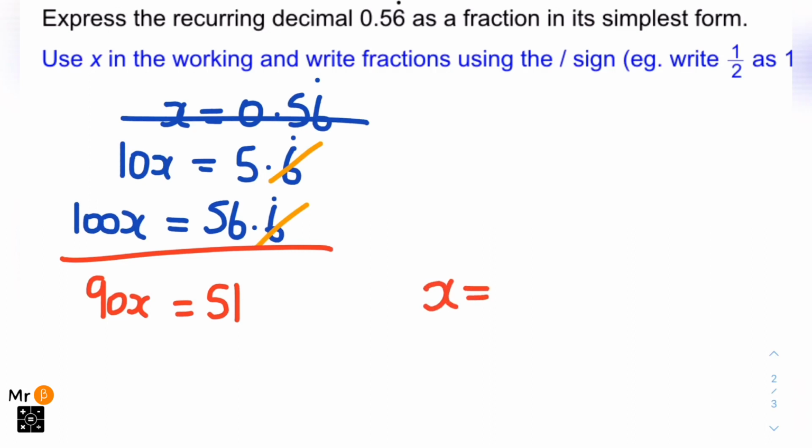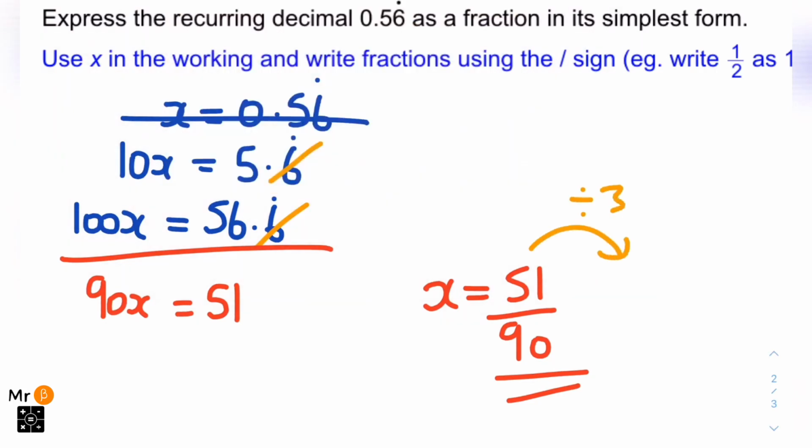We then work out what x is by dividing by 90, and we check whether we can simplify. Again, we can divide top and bottom by 3, and that's equal to 17 over 30.